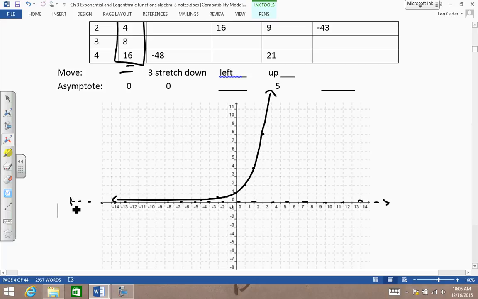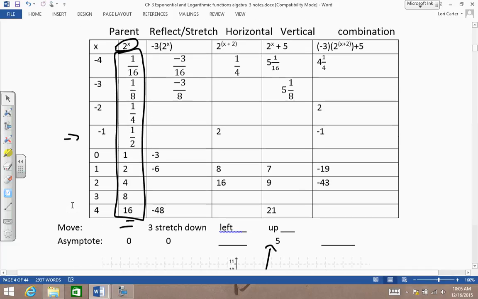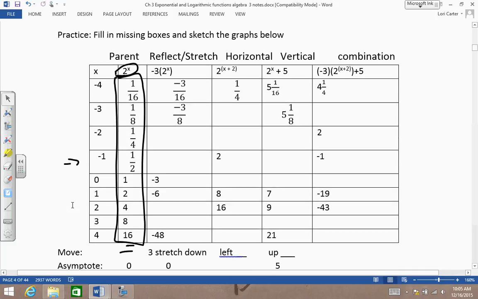Everything good. Okay, now we're going to do the next graph. So when we go here, -3 times 2^x. What am I going to do with every number in this column? Flip it. -3 times 2^x. So what am I going to do with 1/16? Times it by a -3, so it's -3/16.